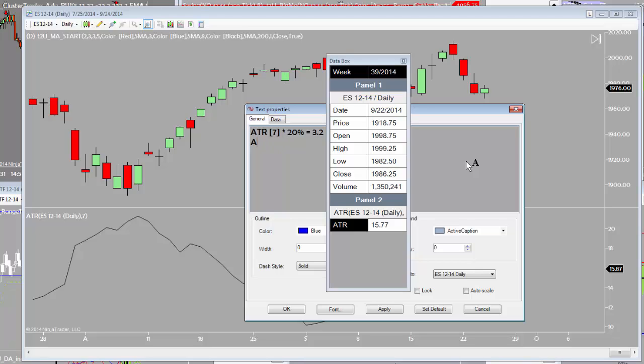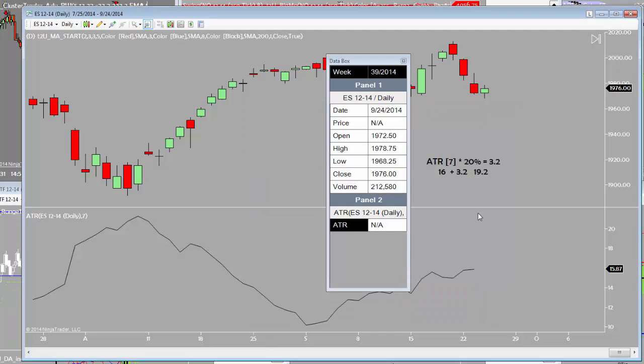So let's just use the numbers right here. Again, I'm going to round up, so we're going to use 16 as the 7-day ATR in the S&P 500. I will then add to that 20%, which is 3.2 points. That helps me arrive at 19.2. So this will be my projected high or low.